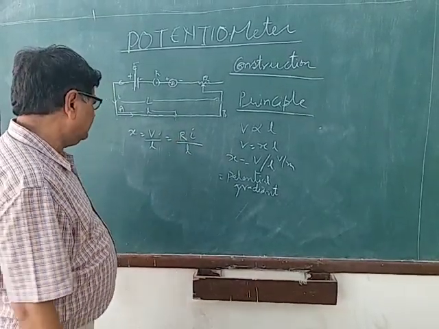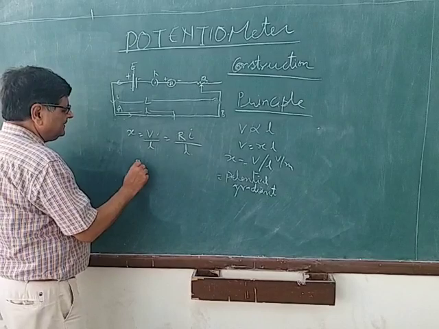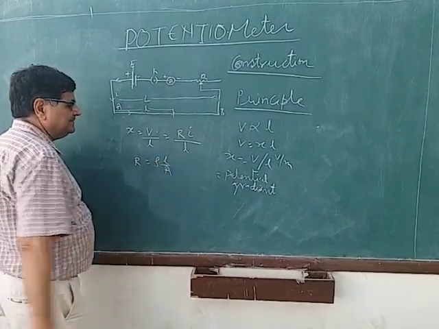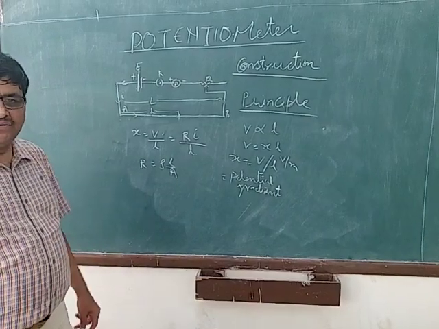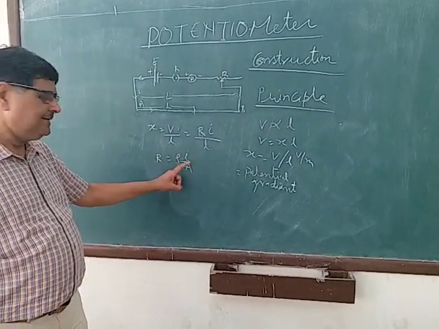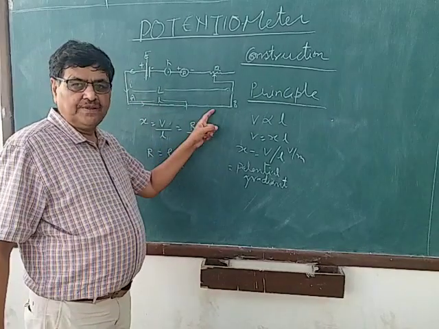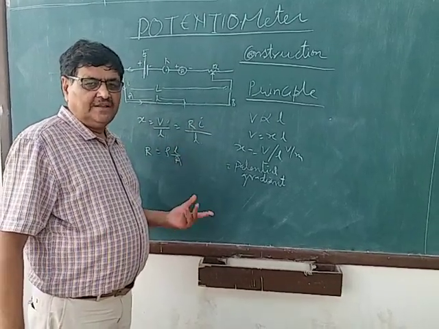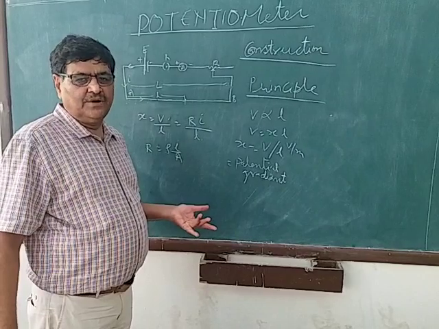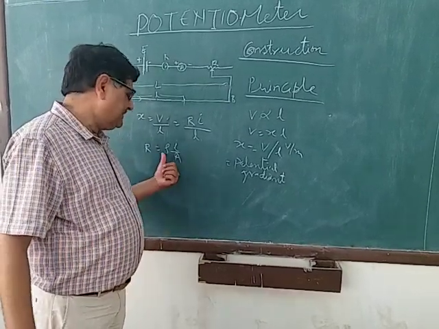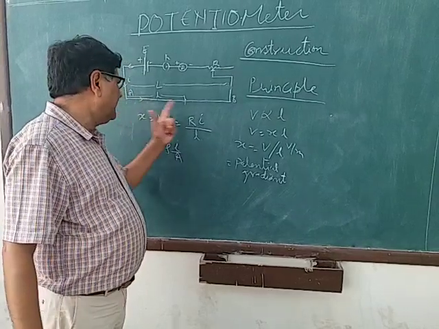What is R? You understood, R is equal to rho L by A. Rho is the specific resistance of this wire. Specific resistance is resistance per unit length, per unit area of cross section of wire, and it is a constant quantity. L is the length of wire.